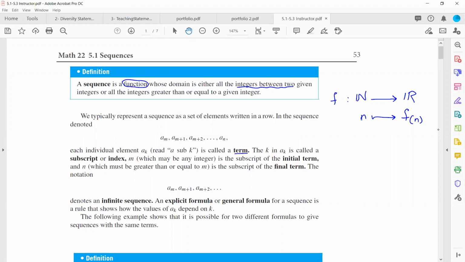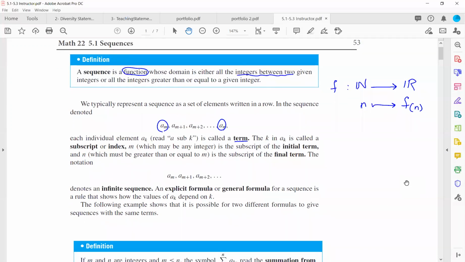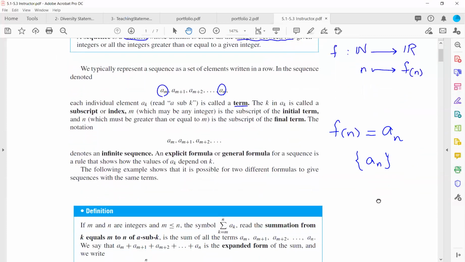The very first term is called the initial term, and the very last term is called the final term. We usually assign a general term to a sequence. We usually write it f of n equals a sub n, and we denote the sequence function as a sub n.